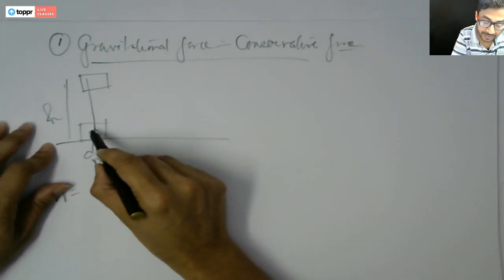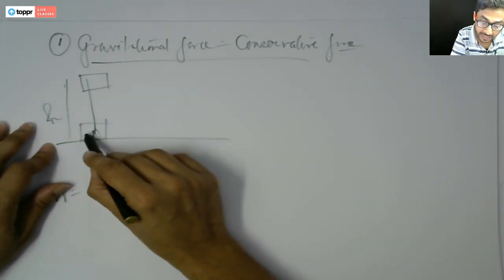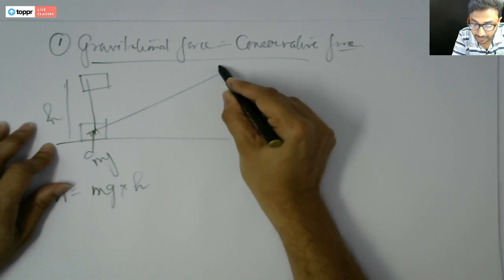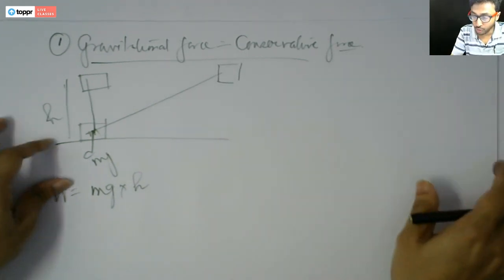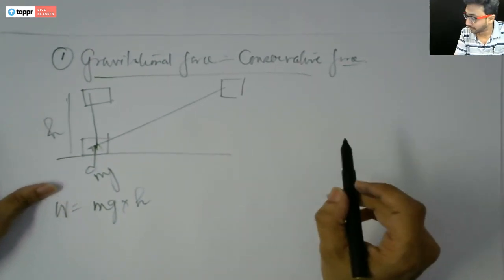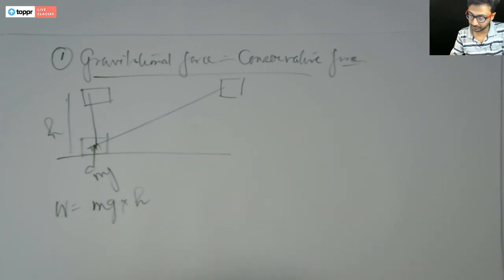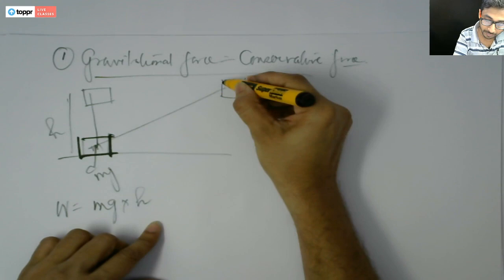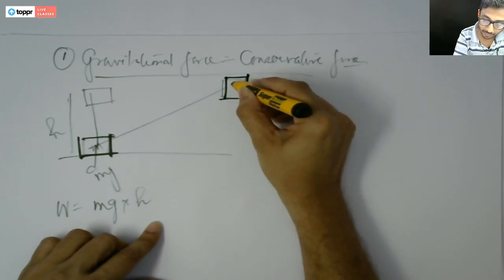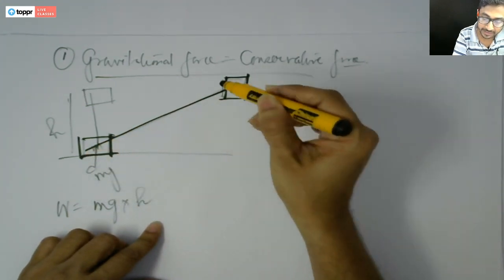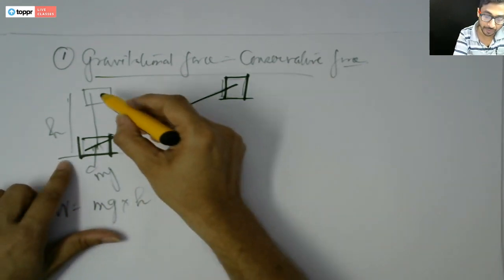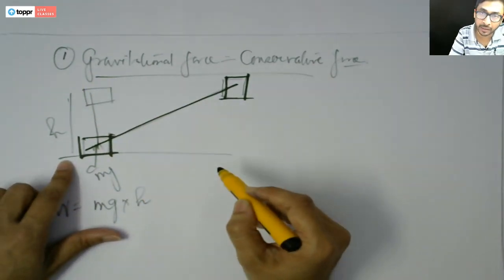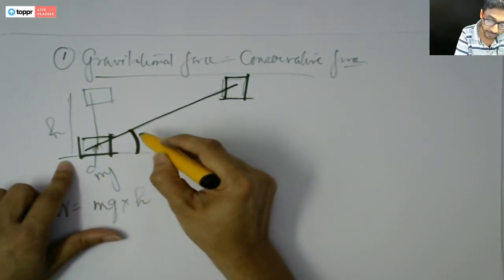Now this is one way we have done it. Another way, say the body is taken in a different path, not in this vertical way.